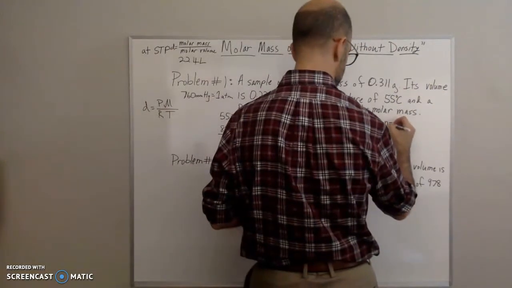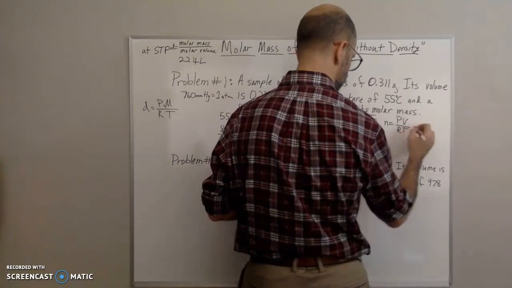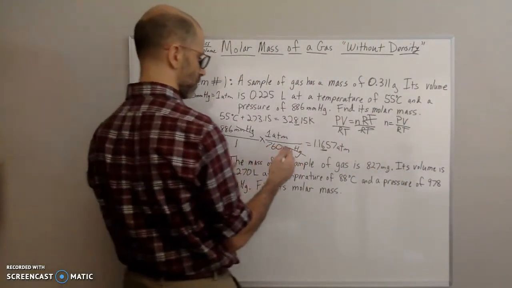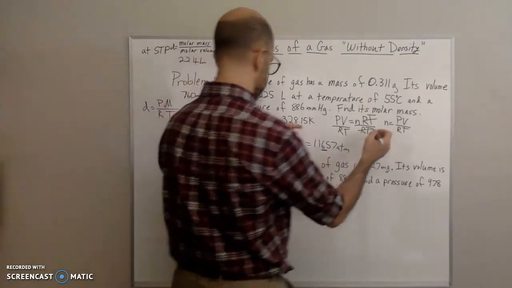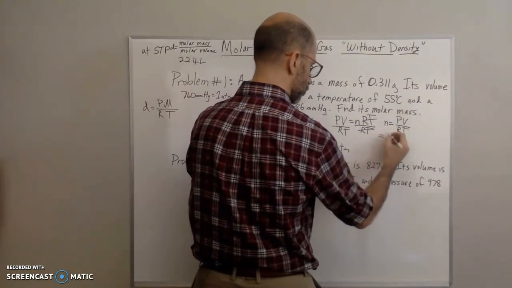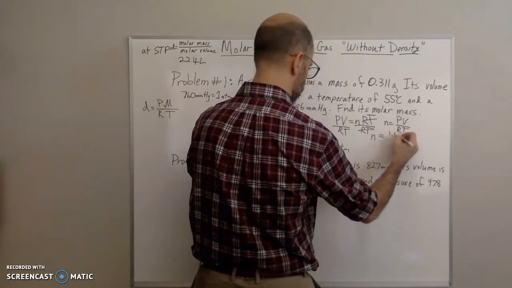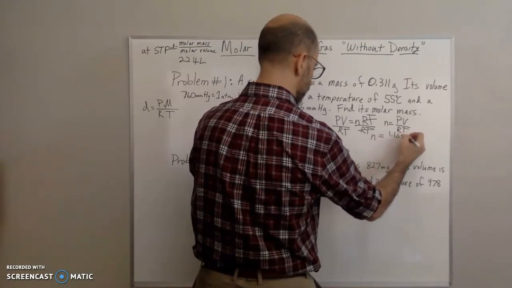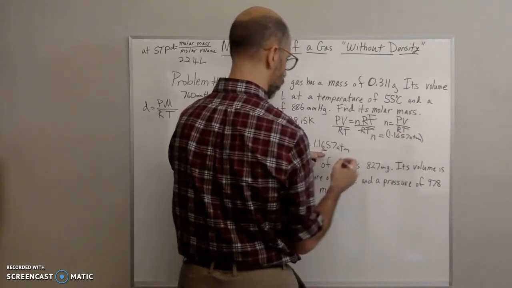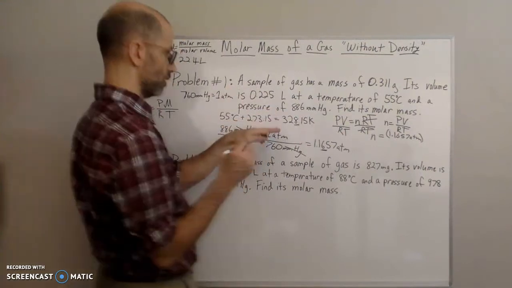So n is equal to PV over RT. Now I can plug in my values. I'm going to plug in pressure, so n is going to be equal to 1.1657 atmospheres times the volume. The volume, where's the volume that they gave me?